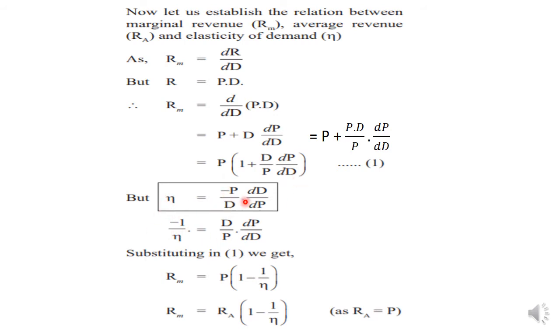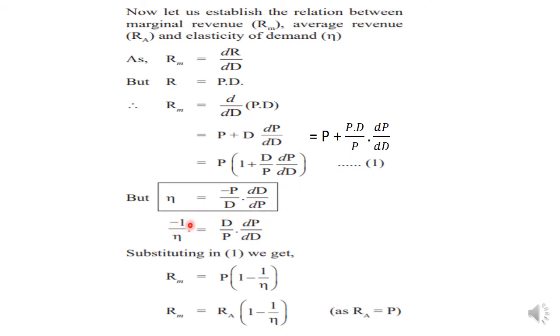However, the elasticity is given as minus P by D into dD by dP. This we learned just now in the previous slide. So this particular term, if you observe it, is nothing but the negative reciprocal of this term. If you take the reciprocal of this term and put a minus sign there, you get this term.